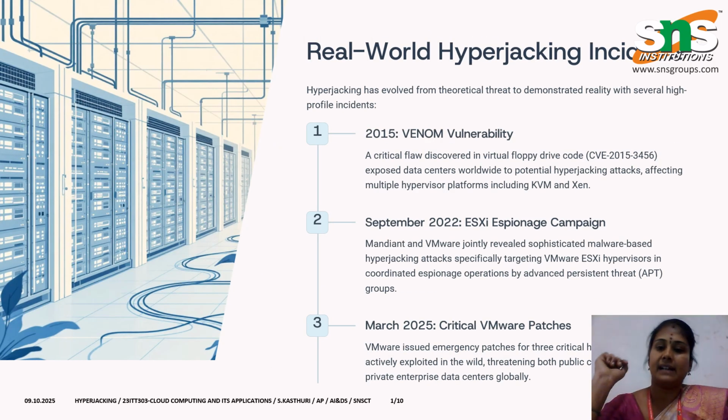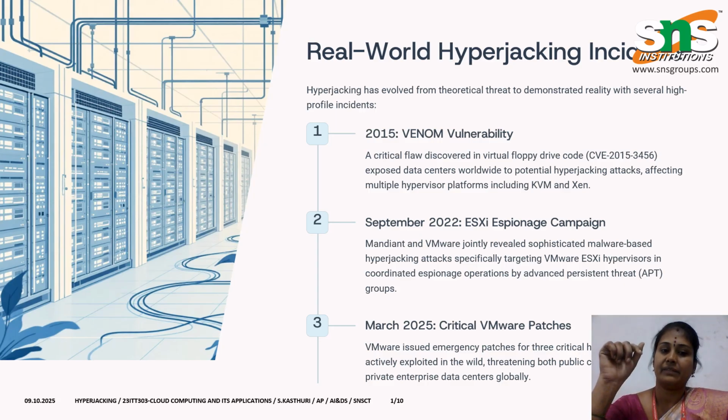Real world hyperjacking incidents. In 2015, the Venom vulnerability: a bug in QEMU allowed VM escape, one of the earliest hypervisor breach warnings. In 2022, the ESXi espionage campaign: Mandiant discovered APT groups deploying hidden hypervisors on VMware servers to spy on governments and finance sectors.